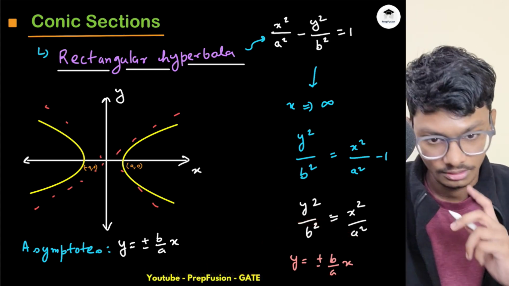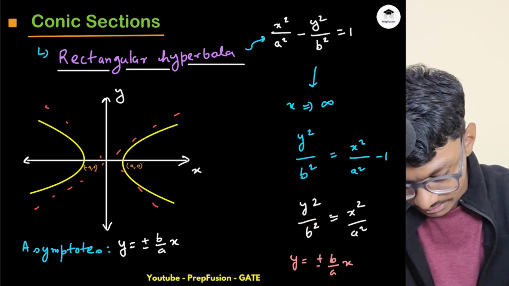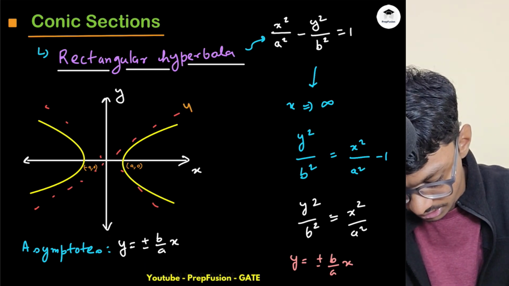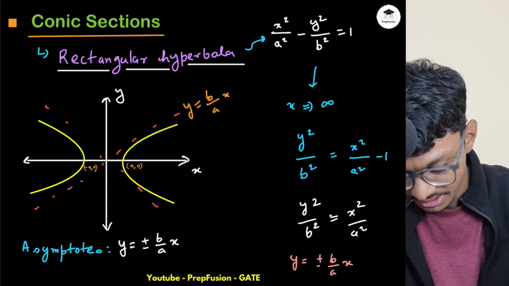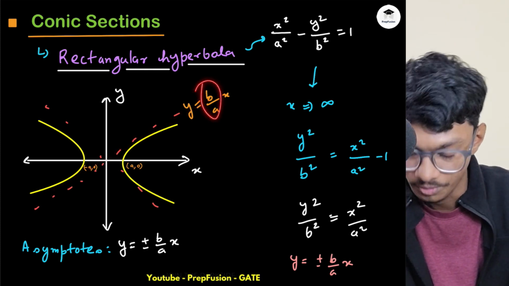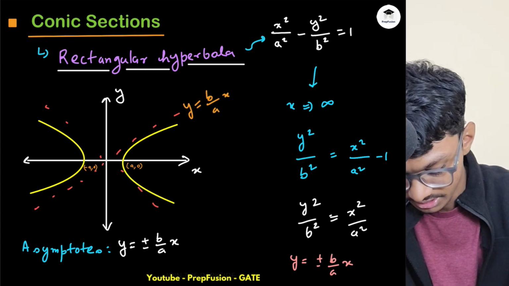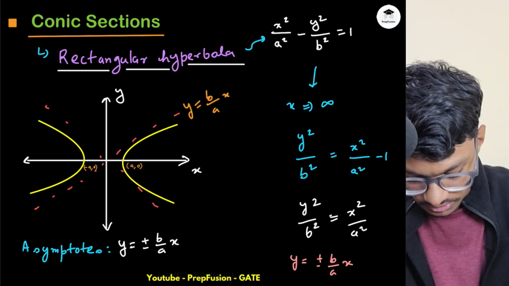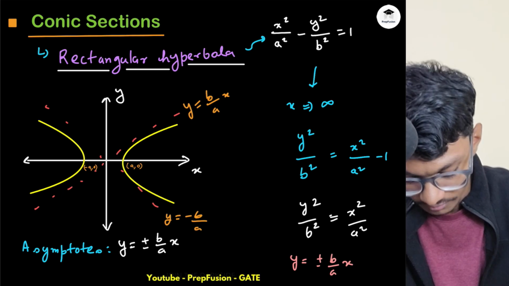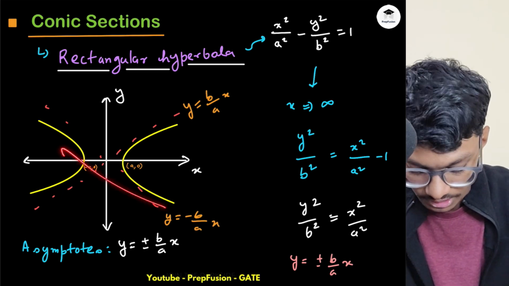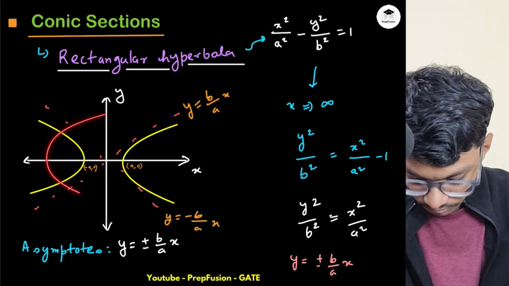So here, what is this line? This line is y equals b by a x, a simple linear straight line. The slope is just different in this case. And what is this line? This line is y equals minus b by a x. The slope is negative because this is decreasing instead of increasing.